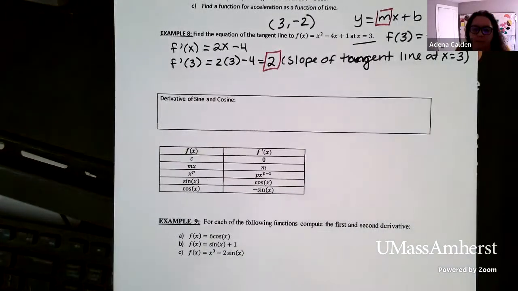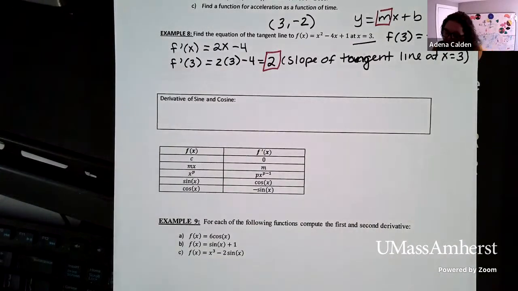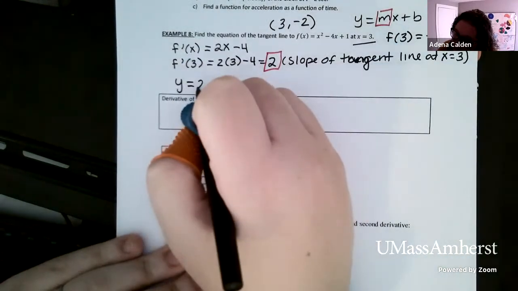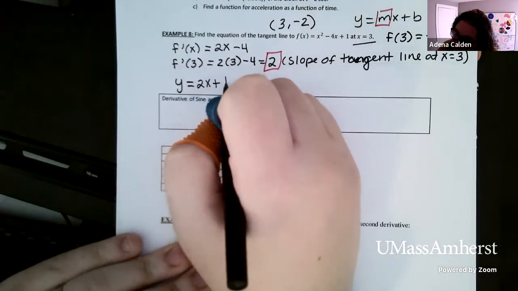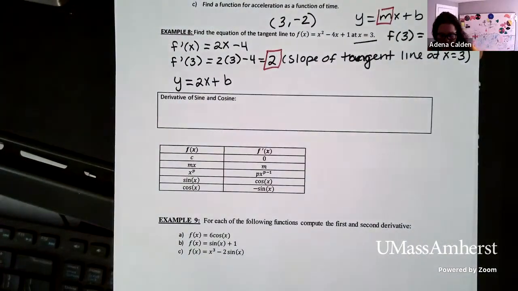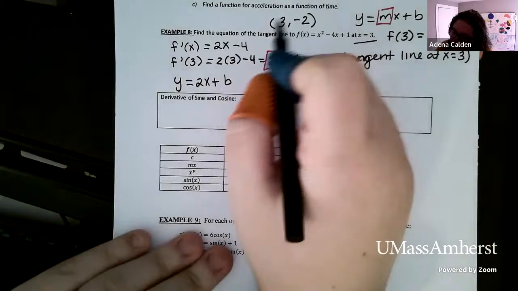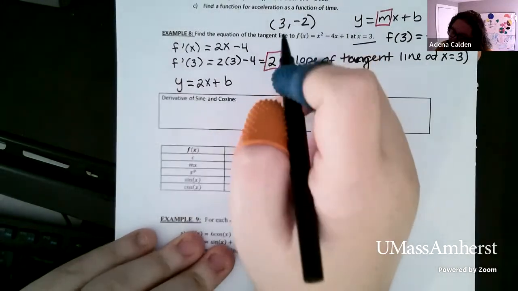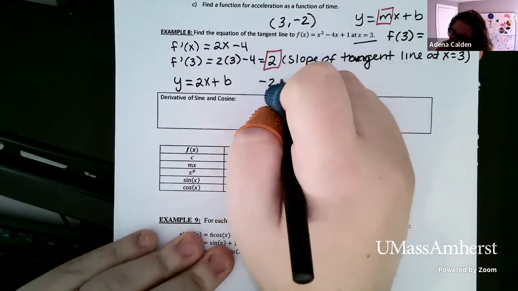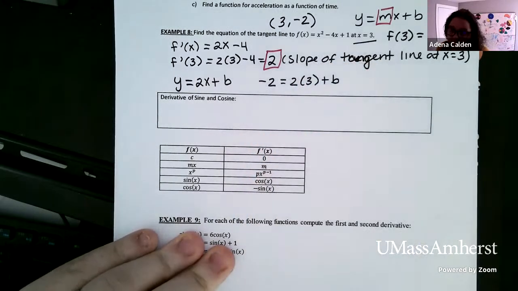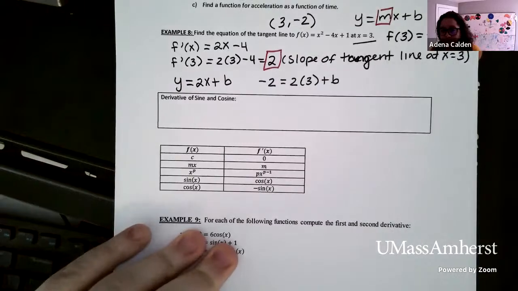So how do I use that now to find the equation of my line? I start by plugging in my slope, which I know is 2, and I get y equals 2x plus b. If I now plug in my point, 3 comma negative 2, putting 3 in for x and negative 2 for y, that allows me to solve for b. 3 times 2 is 6.